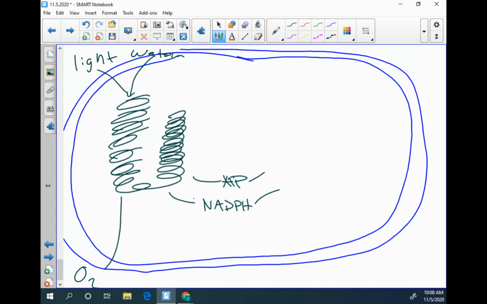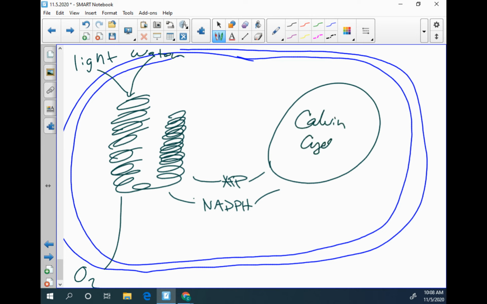And both of those will go into the Calvin cycle, which will take CO2 out of the atmosphere. And now we know there's a whole big long process of adding those ATPs and adding those NADPHs and moving carbons around until eventually we get our sugar, which we know is a G3P molecule, or some form of CH2O.